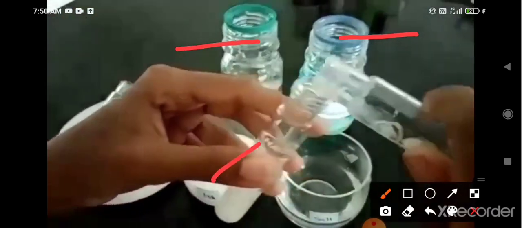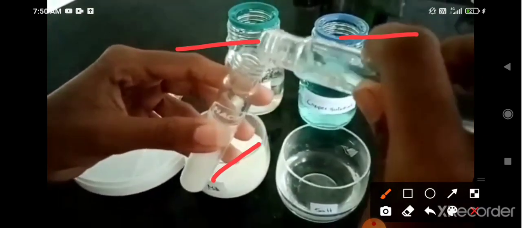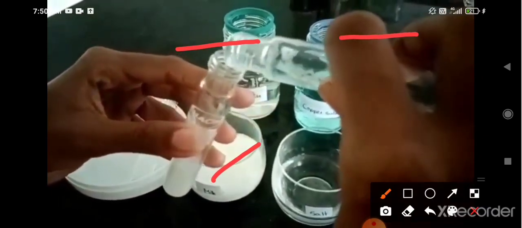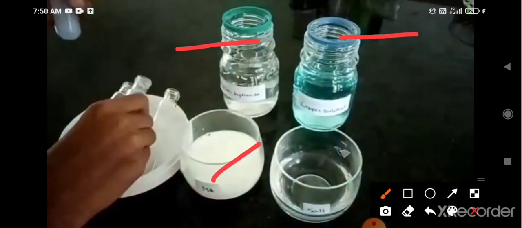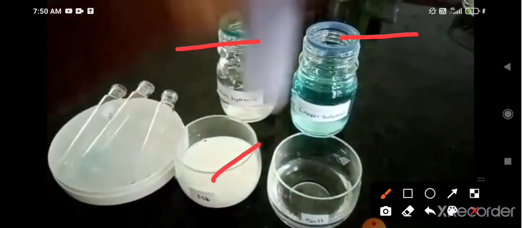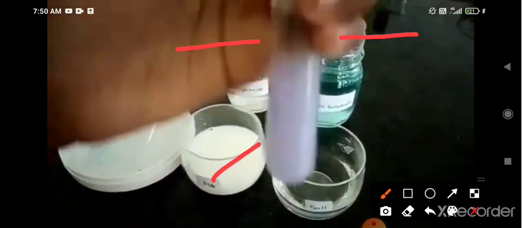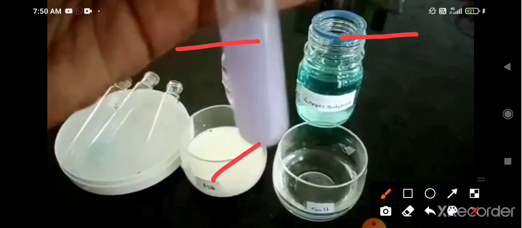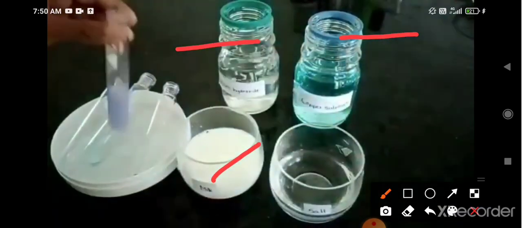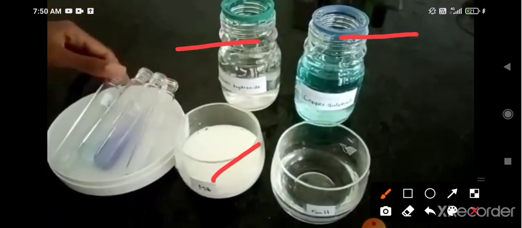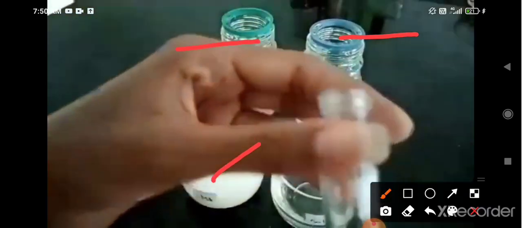Now we will put copper sulfate solution in the milk test tube. Now we will shake the test tube well to mix it, and the color is light purple, which indicates a little amount of protein in the milk.